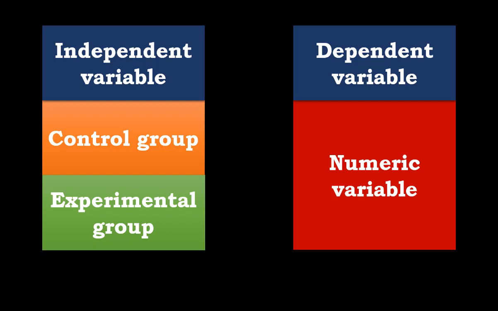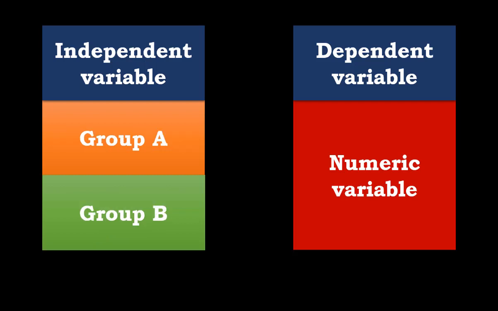The second type of design in which the t-test is typically applied is a design in which there are two groups, group A and group B, and those groups were self-selected.